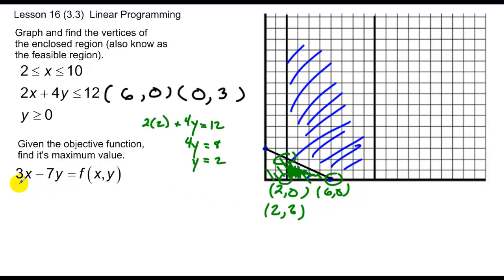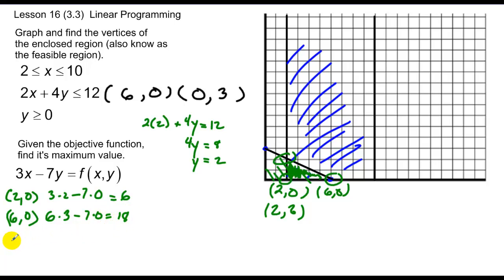So let's plug those into this equation. If I plug in 2, 0, I get 3 times 2 minus 7 times 0, which equals 6. When I plug in 6, 0, 6 times 3 minus 7 times 0, which is 18.